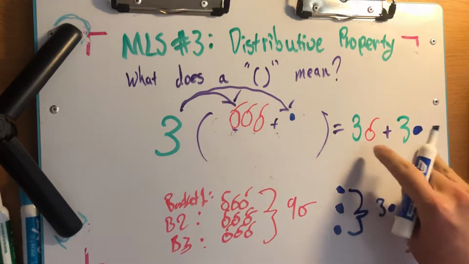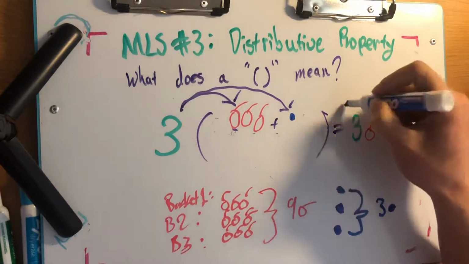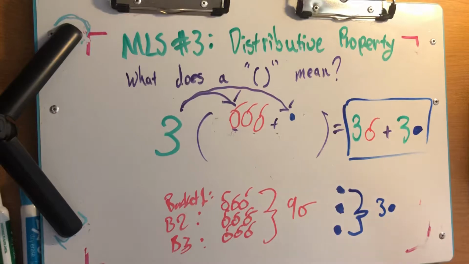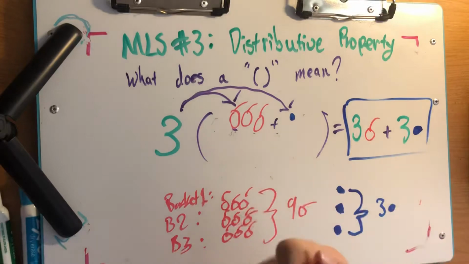And because we know blueberries are still not the same as cherries, this is our final answer. That's it. That's as far as you can go. So that's our example if we bought 3 baskets of these fruits and then we came back and wanted to know how many total cherries or how many total blueberries I have.